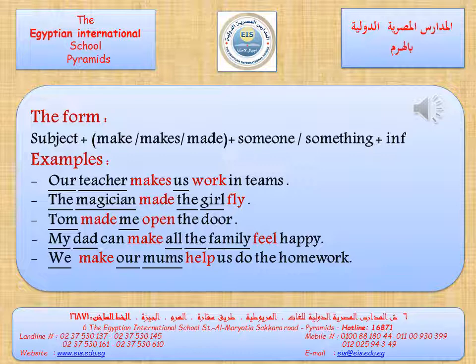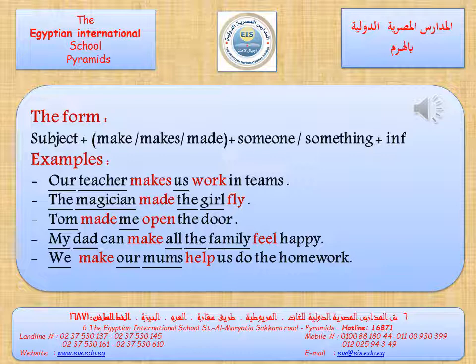Example number 4: my dad can make all the family feel happy. So my dad here is the reason for happiness in our family. Example number 5: we make our moms help us do the homework.